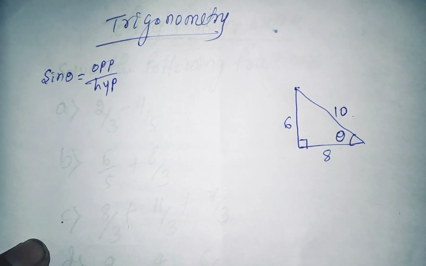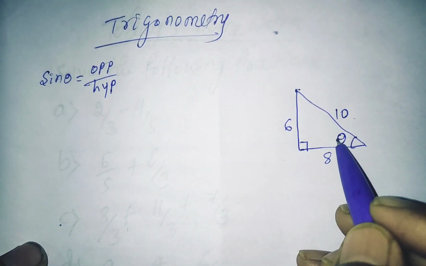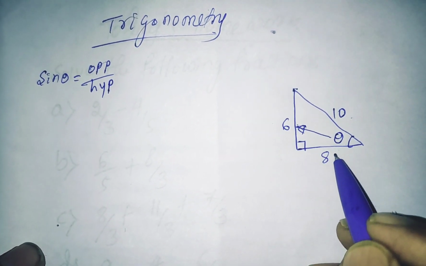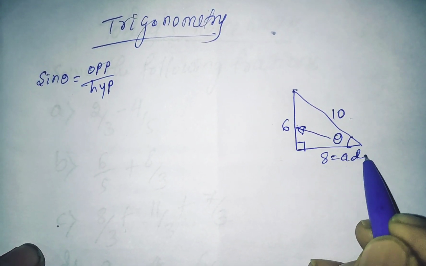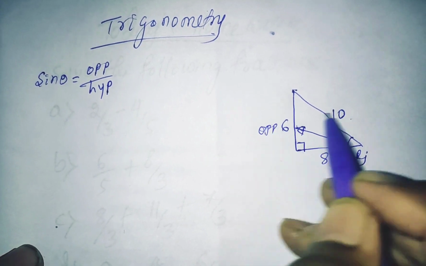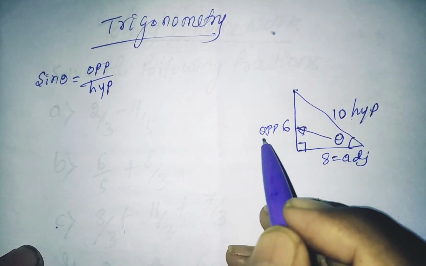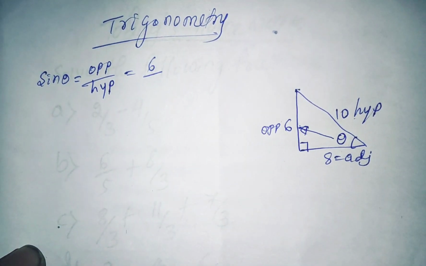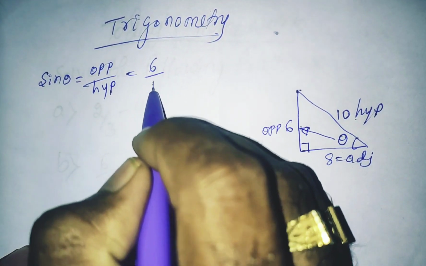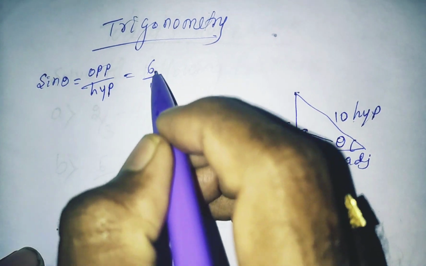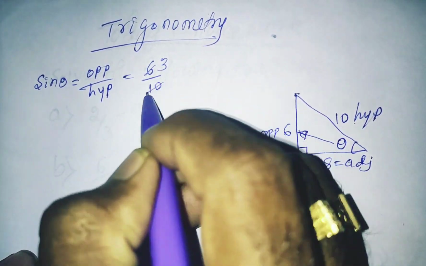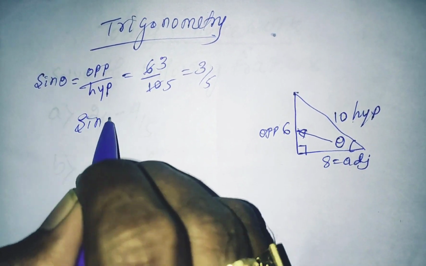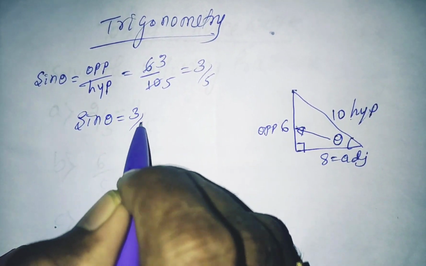Here this is the opposite and this is the adjacent, and this is the hypotenuse. The opposite value is 6 and the hypotenuse is 10, so 6 upon 10. Dividing by 2, 3 twos are 6 and 5 twos are 10, so sin theta is 3 upon 5.